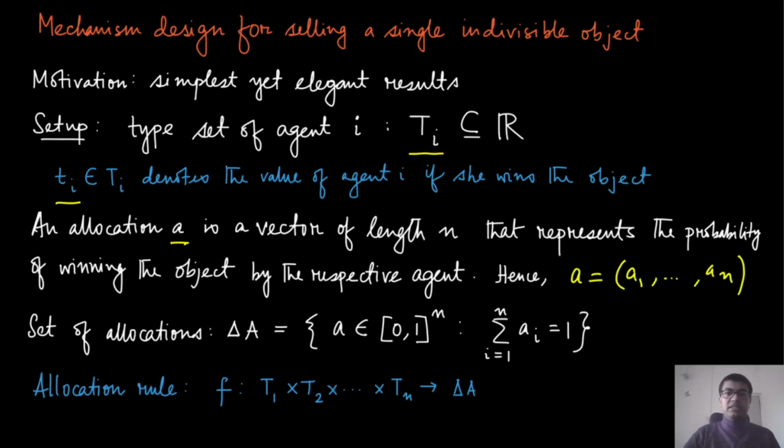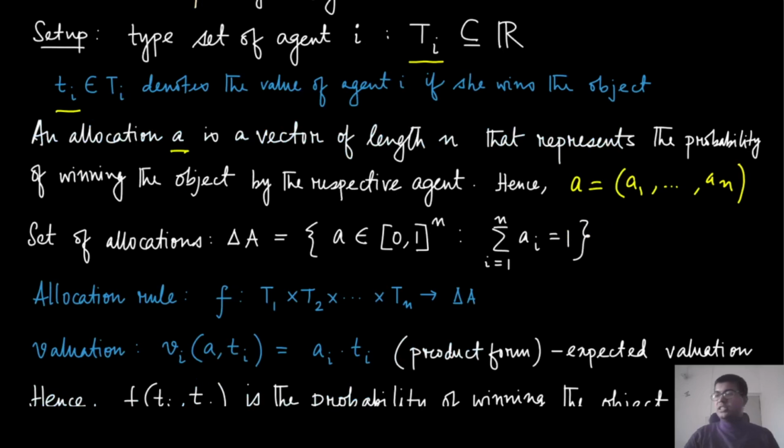Ai is the probability that player i wins that object. And therefore the set of all allocations is this simplex, where the A's are picked as a vector of length n, and they all sum to 1. And here we are considering that the object is going to be allocated to someone. It is not that it can be unallocated.